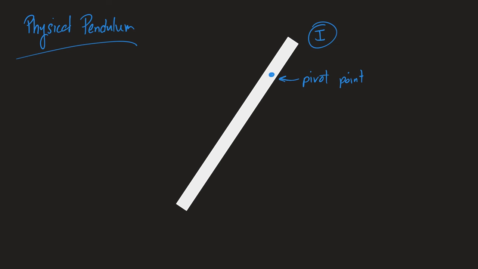If we're using gravity, which we were, then there is a restoring torque that causes it to oscillate. So we need to identify where the center of mass of the object is. This distance is from the pivot point to the center of mass, and I'm calling it just X, center of mass.